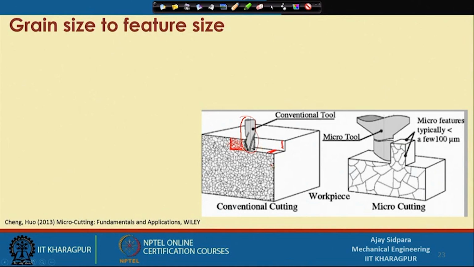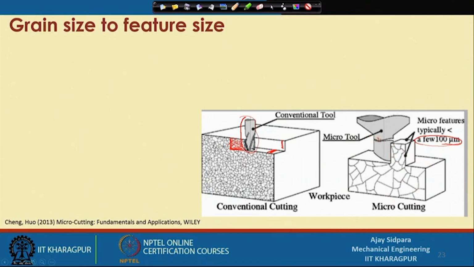But if you see the same thing at a micro scale, suppose we are considering a feature size of a few hundreds of microns, then sometimes the grain size is also similar to that dimension. So, what is the problem in this case?